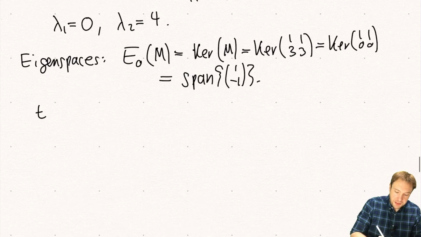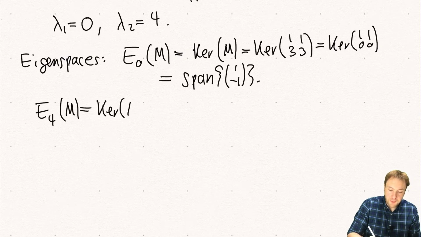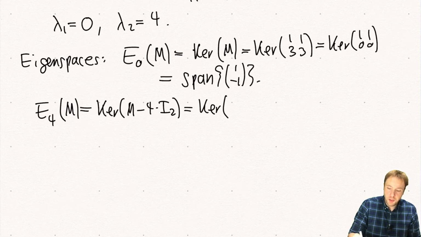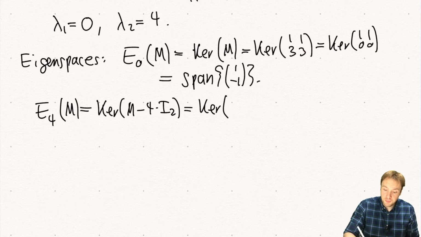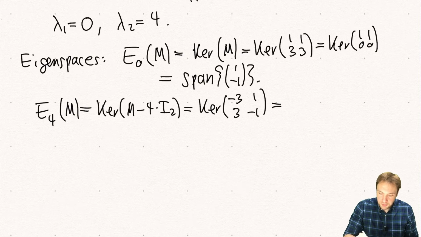And the eigenspace for the eigenvalue 4 of this matrix M is the kernel of M minus 4 times the identity matrix. So this is the kernel where I subtract here 4. So 1 minus 4 is minus 3, 1, 3, and 3 minus 4 is minus 1. And again, I need to consider the row-reduced echelon form of this matrix.